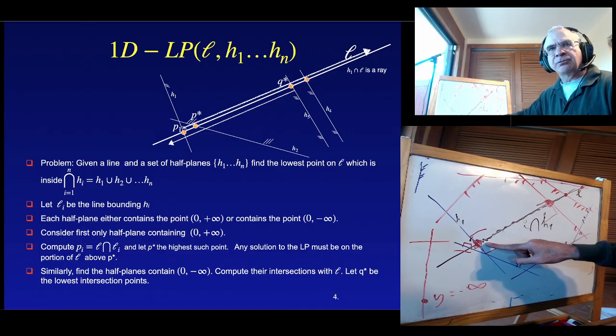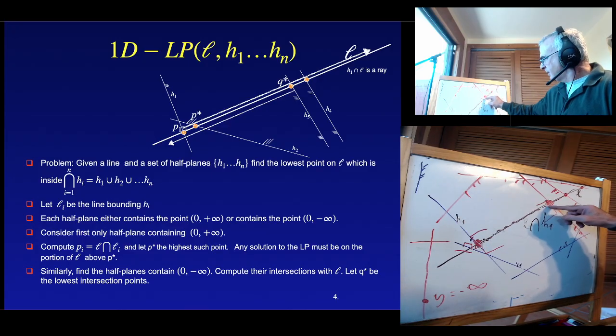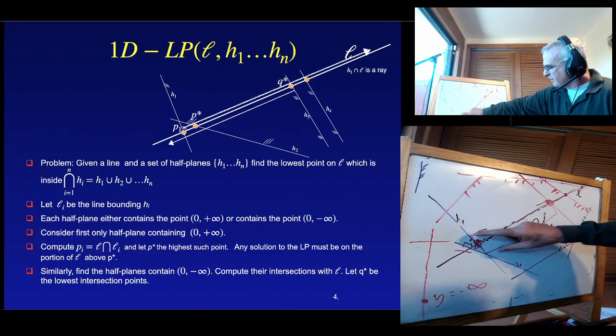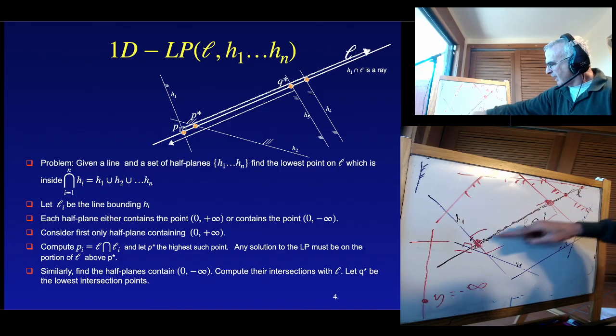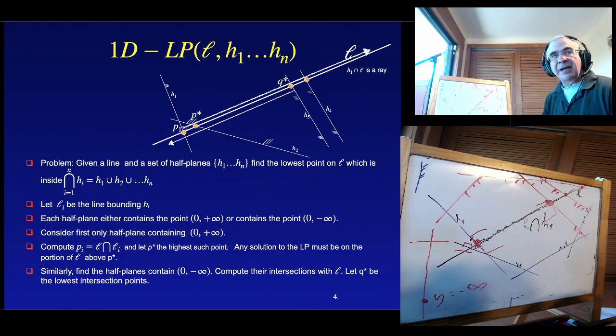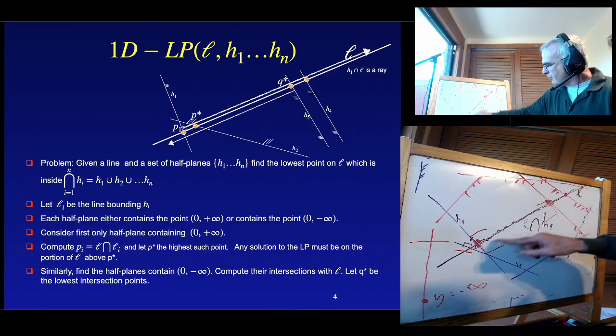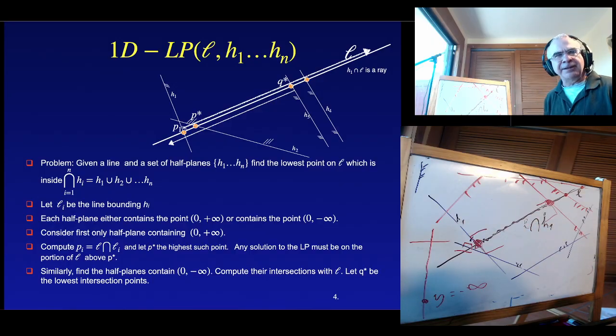If your cost function would be to look at the highest point, maybe it is this intersection, but here is the intersection of all the half planes, provided that you must be on L, which I still didn't give you an excuse for, the importance of L. But notice that this algorithm also tells you something interesting.